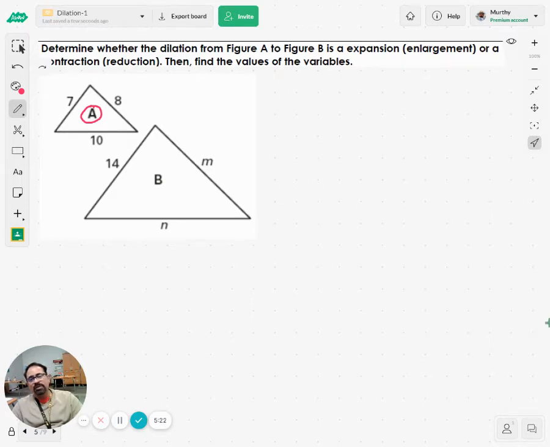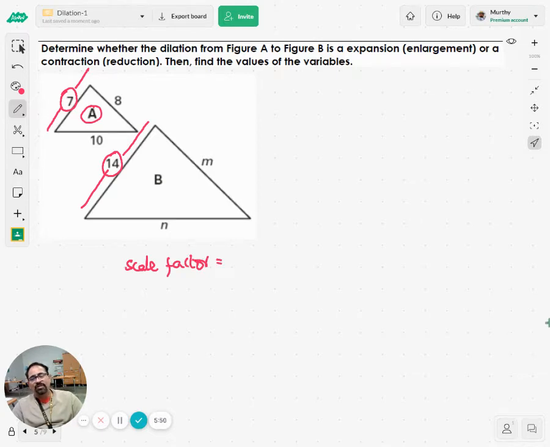How many times? Let's take the corresponding values where both values are given. Here is 7 and this one is 14. There are two ways to solve this one. One is to figure out the scale factor using the condition SIP.